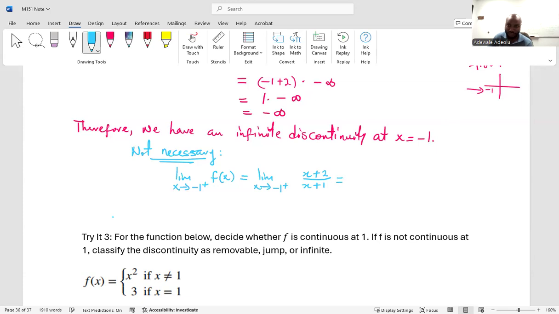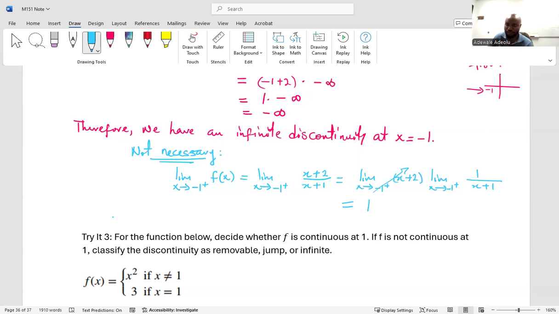Again, I will do the same thing. I will separate that: limit as x goes to -1 from above of x plus 2, and limit as x goes to -1 from above of 1 over x plus 1. If I'm plugging in -1 here, this part will be 1.